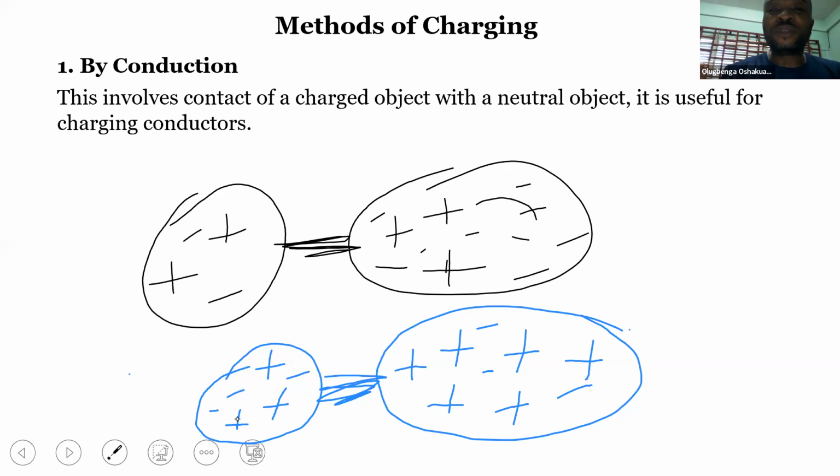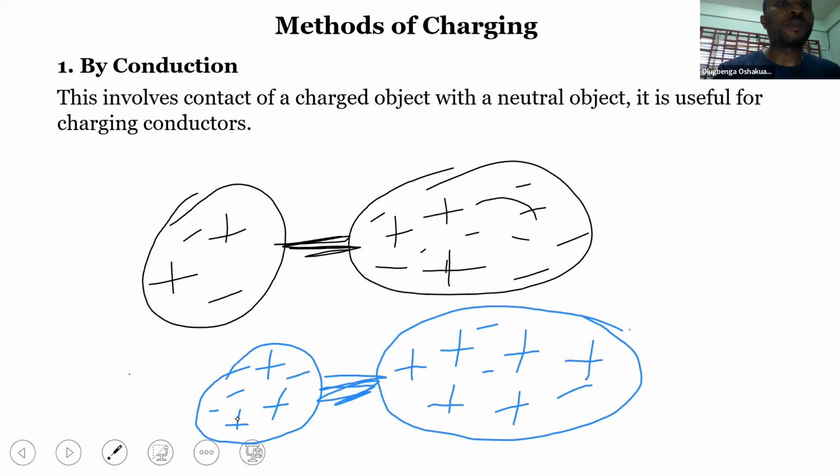So in both scenarios, whenever we are talking about a body charging another body, if a body is becoming negatively charged, electrons flow into that body. And when a body is to become positively charged, electrons leave that body.